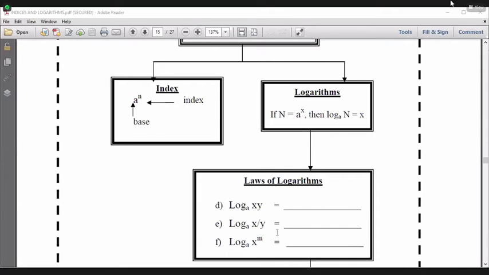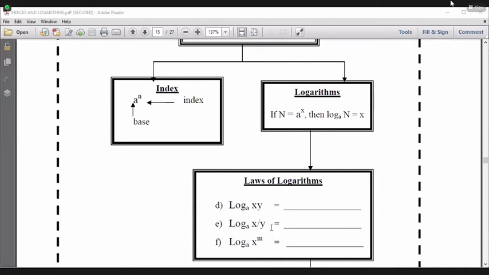So we say log to base A x plus log to base A y. Is that true, Abdikadir? Yes, sir.